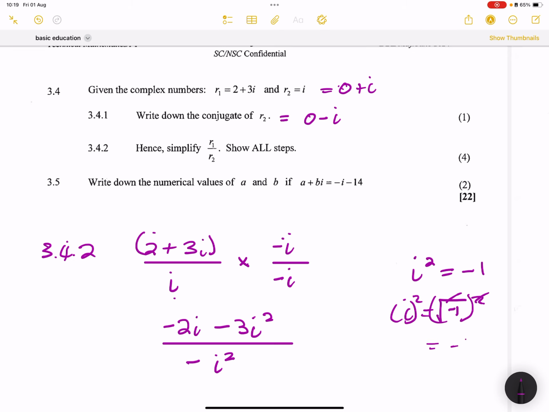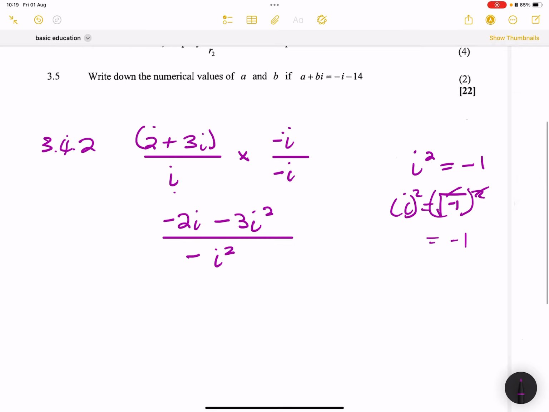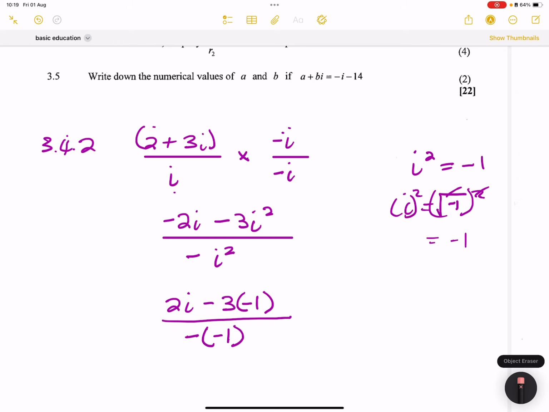So let's solve. We've got minus 2i minus 3 times i squared, which is negative 1, divided by, at the denominator, negative i squared, that's negative 1. So that becomes a positive 1 at the denominator.